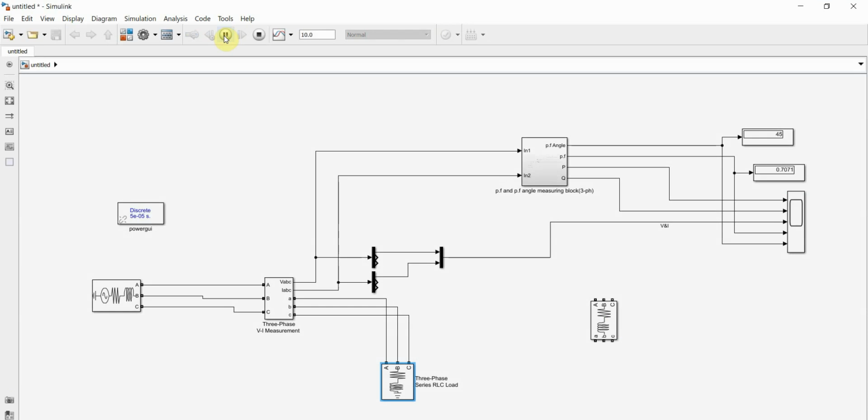So see here, 45 is the power factor angle and 0.707 is the power factor. Definitely this will occur only when the reactive power and active power drawn from the source are the same. In this way we can make a block which will give you active power, reactive power, power factor and power factor angle.